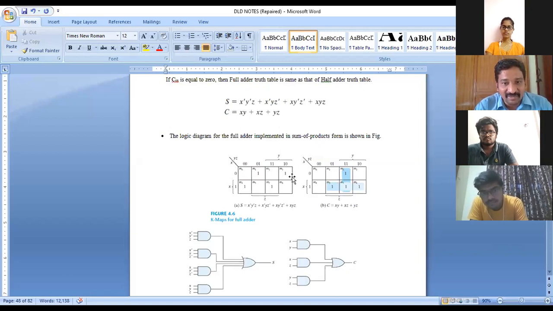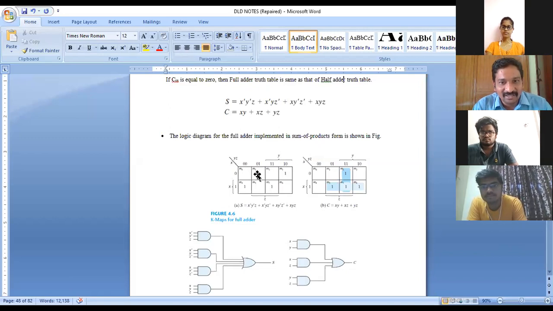This is the best example for minterms which do not cover any adjacent cells. In the first class I talked about prime implicants and essential prime implicants.